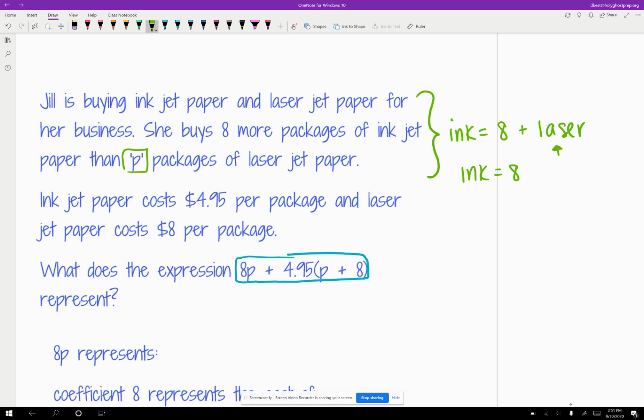So ink is equal to 8 plus P. I also know, now getting in terms of cost, that my inkjet paper is equal to $4.95 times the number of packages. And my laser paper is $8 per package.